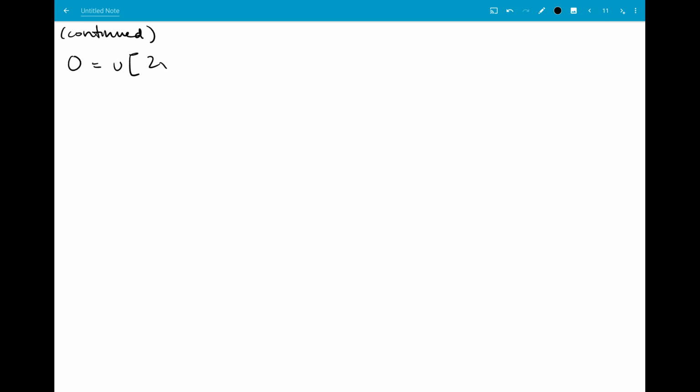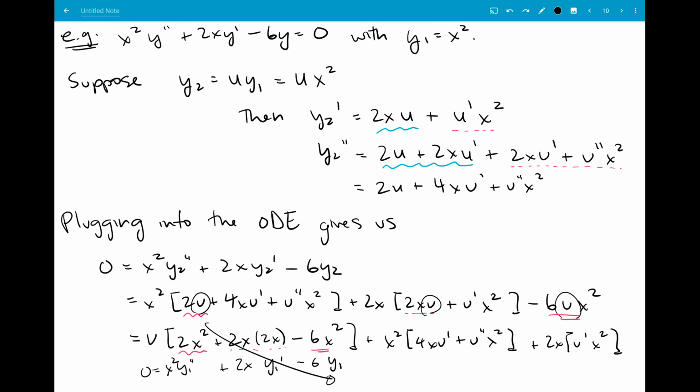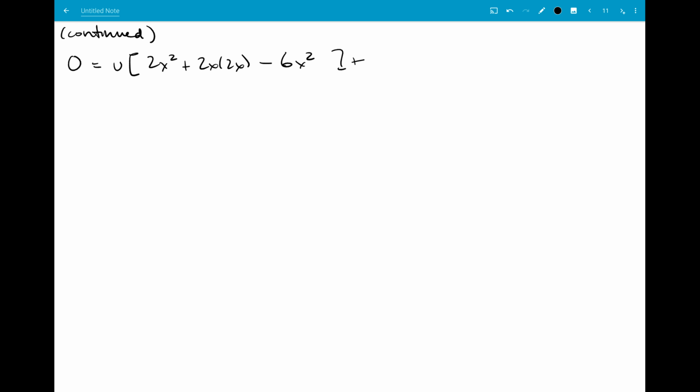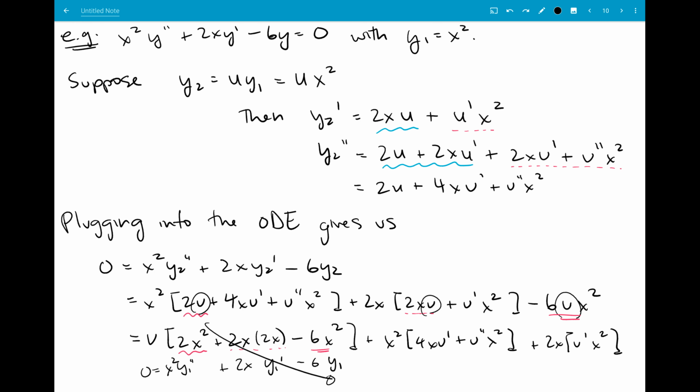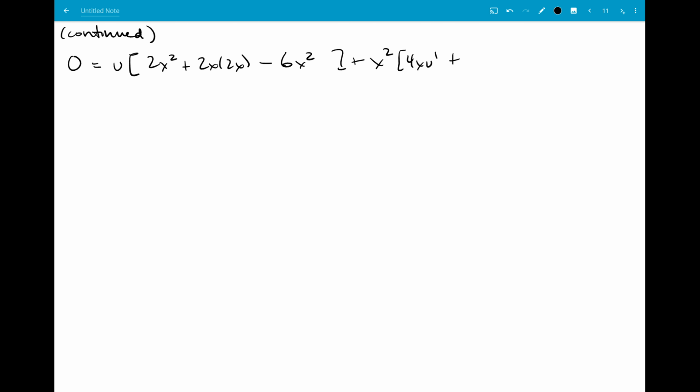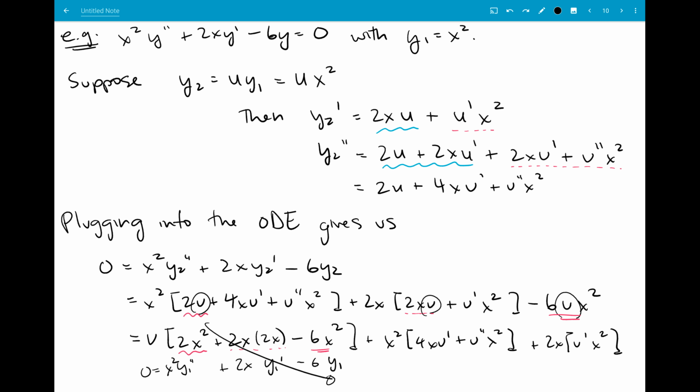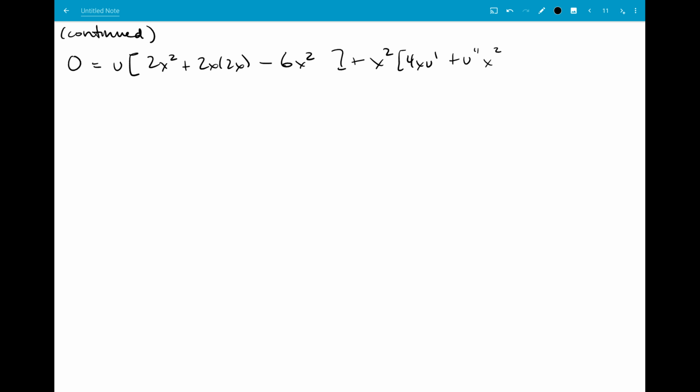So 2x squared plus 2x times 2x minus 6x squared. And then I've got my x squared 4x u prime plus u double prime x squared plus 2x u prime x squared.